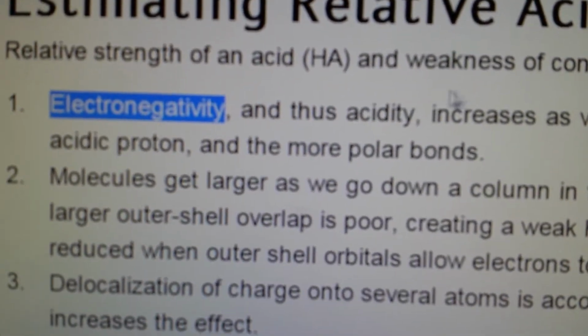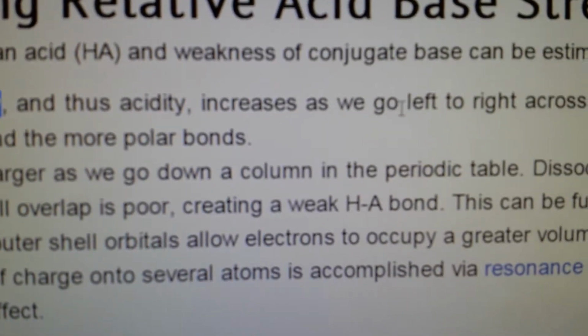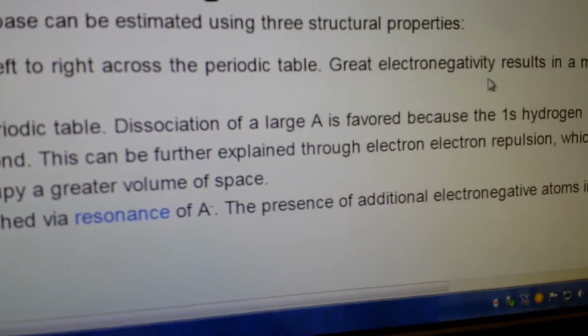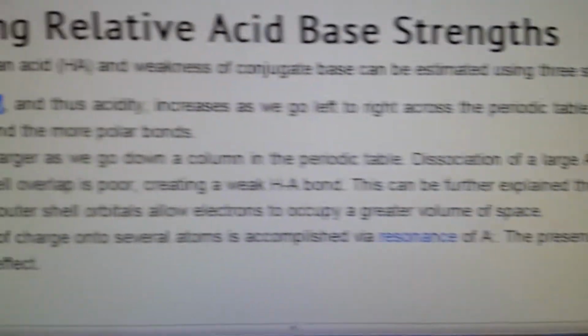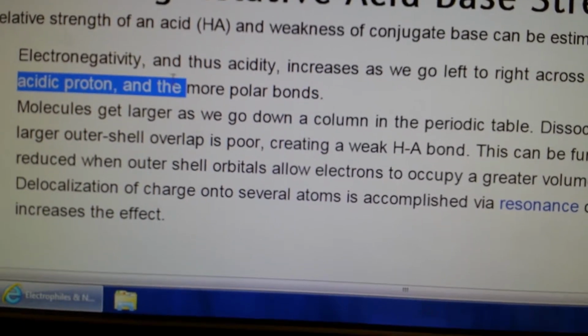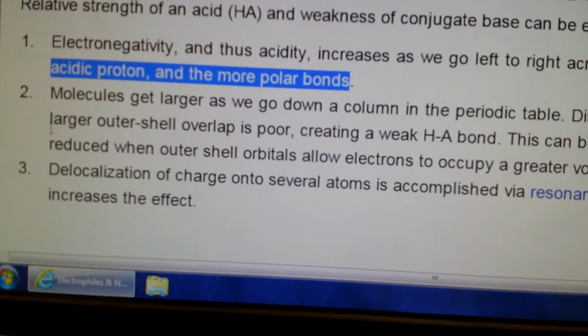Acidity increases as we go from left to right across the periodic table. Greater electronegativity results in more acidic protons and more polar bonds.